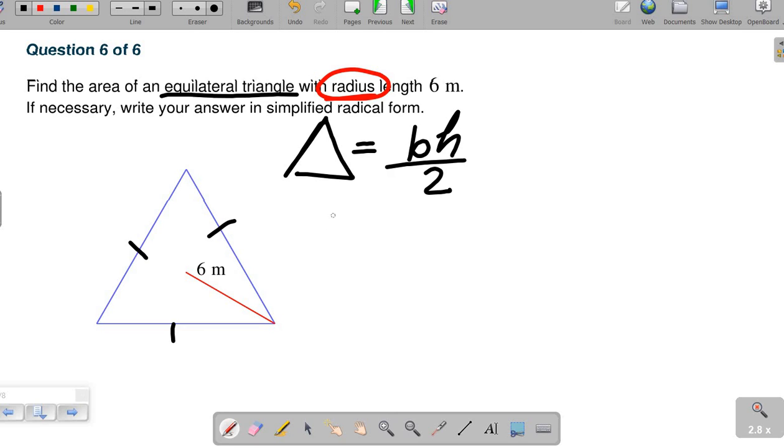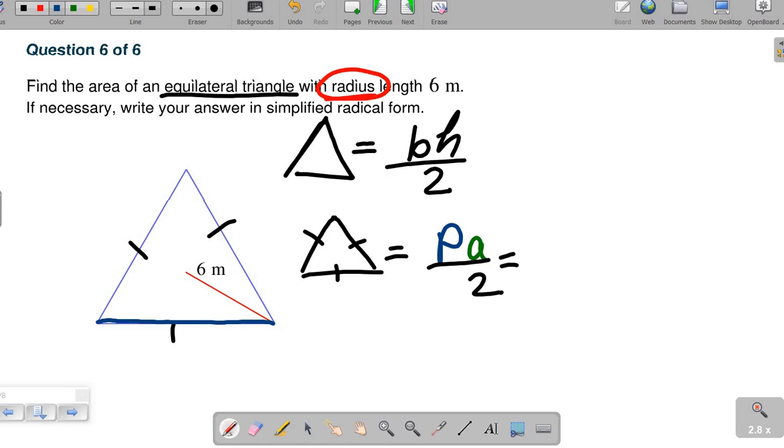But because it's equilateral, it also qualifies as a regular polygon, which would be perimeter times apothem over 2. In this case, for our perimeter, I would have to find a piece of a side length. Our apothem is centered down. That's our apothem.